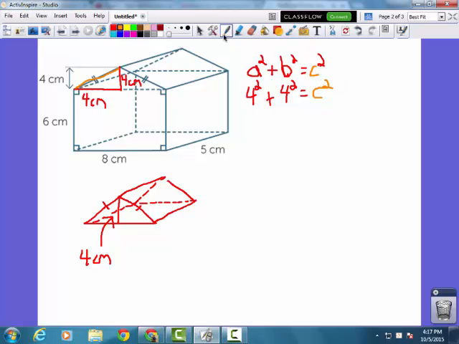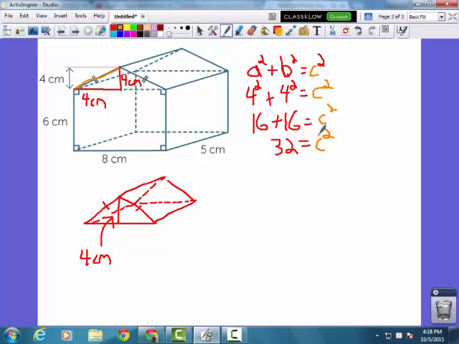Let's do that. 4 squared means 4 times 4, so that's 16, plus another 4 squared, another 16, that's equal to our c squared. So 16 plus 16 is 32, equals our c squared.